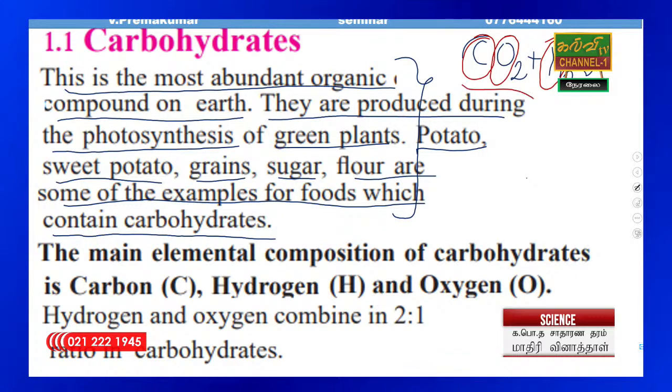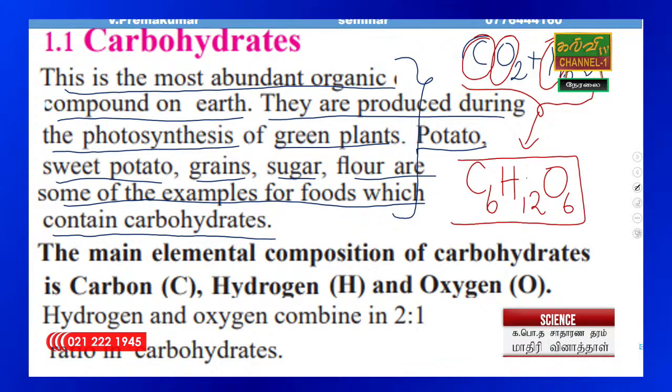They combine with each other and produce C6H12O6. This is the basic unit of polysaccharide, right? Glucose. So glucose contains what? Yes, you can understand now. Yes, carbon, hydrogen and oxygen.